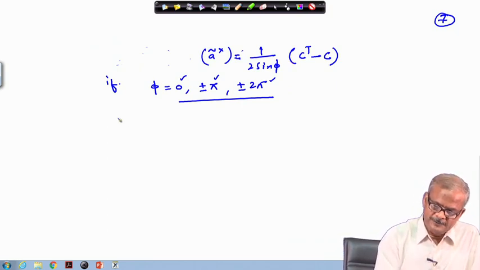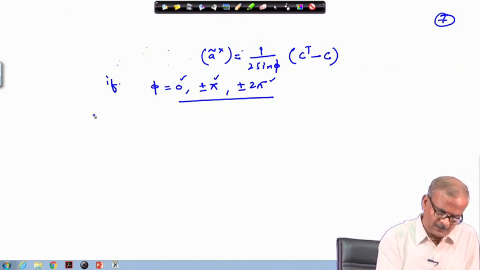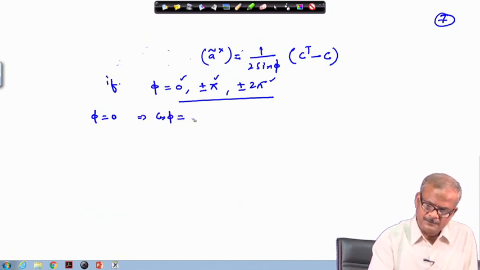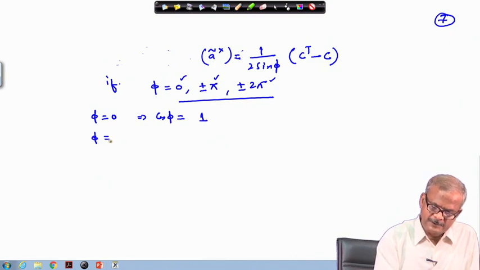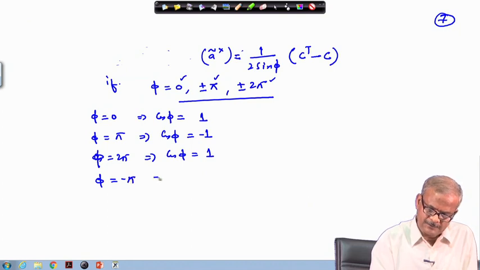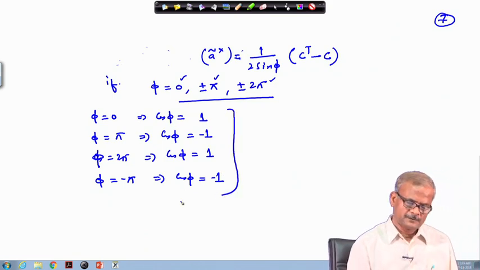So, let us explore the corresponding cos phi. When phi equal to 0, cos phi equal to 1; when phi equal to pi, cos phi equal to minus 1; when phi equal to 2 pi, cos phi equal to 1; and lastly when phi equal to minus pi, cos phi equal to minus 1.